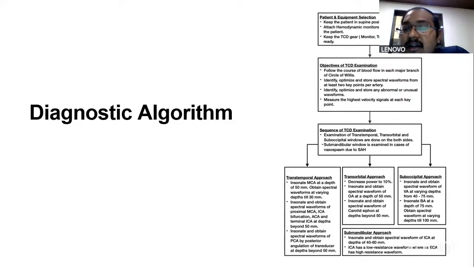After the transtemporal approach is done, we do the transorbital approach. We need to be cautious that the power of the probe should be decreased to 10% so that the ultrasound waves do not affect the intraocular structures. We get the ophthalmic artery at a depth of 50 mm, and beyond 50 mm we get the carotid siphon.